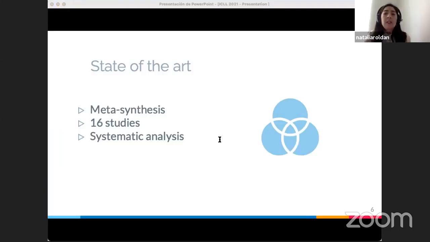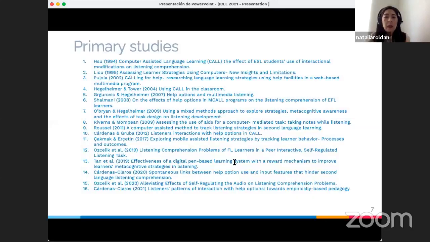The current investigation is grounded in the results and findings of a meta-analysis conducted by this author. To this aim, a collection of 16 studies on learners' use of ABC buttons and bars and its relationship with listening comprehension were systematically assessed. These studies, which range from 1994 to 2021, provided relevant information for further analysis.